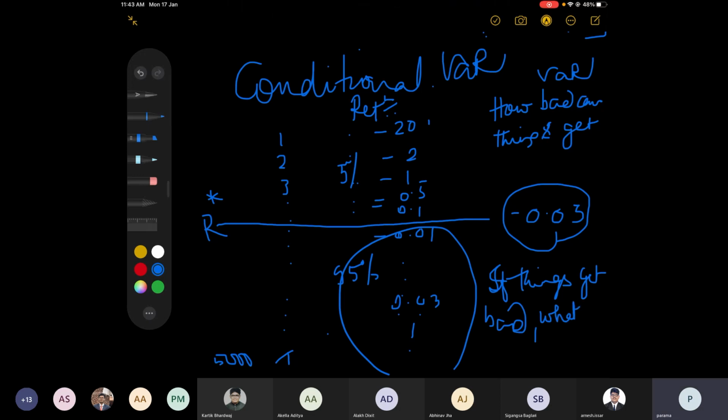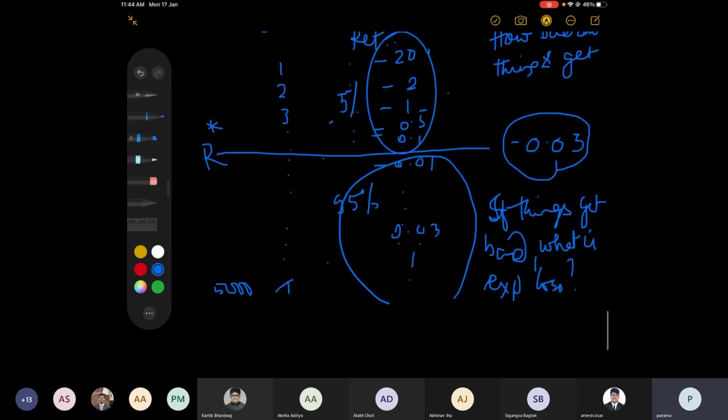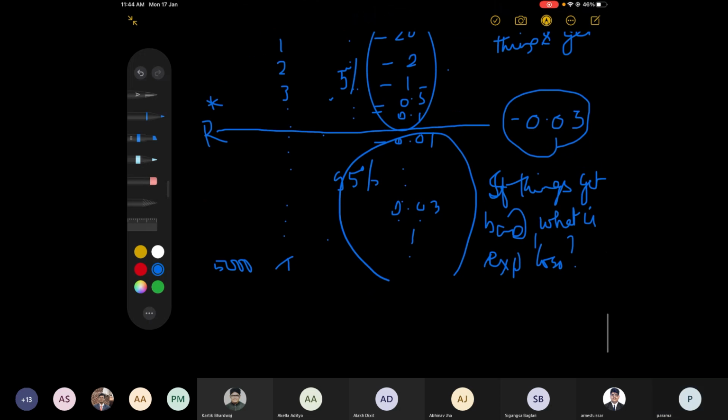We ask this question: given that returns are less than R star, what is the expected return? Now we will take an average of these values. Correct? Mathematically, we are asking what is the expected value of R given that R is less than R star.